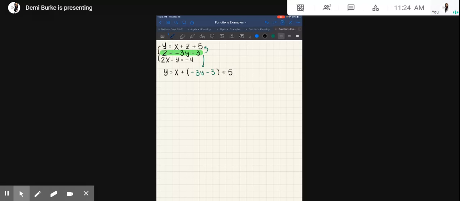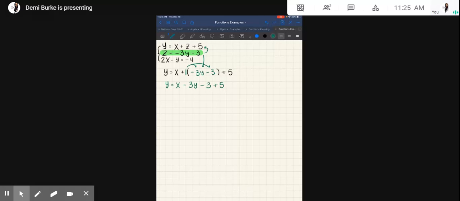That will give me the chance to distribute that secret 1 that is hiding in here. I'm always going to write it in so you can see it. Distribute that secret 1 to both parts there. So we have y equals x we haven't touched. 1 times negative 3y is a negative 3y. 1 times negative 3 is negative 3, plus 5 over on the end.